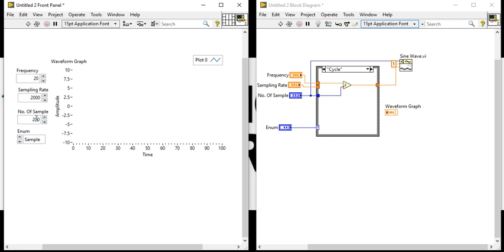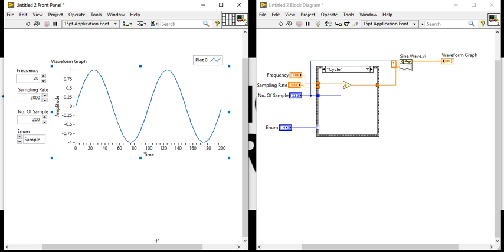So our frequency will be 0.1. Let's see. For that, we need to connect this one with the output. But if you change it from sample to cycle, the frequency will be divided by this 2000.